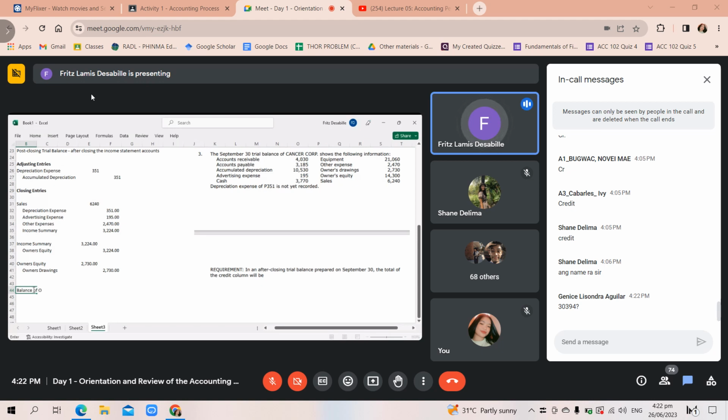How much is the owner's equity after everything? After the adjusting entries, after the closing entries, what is our owner's equity?